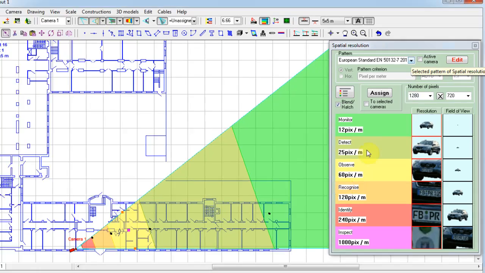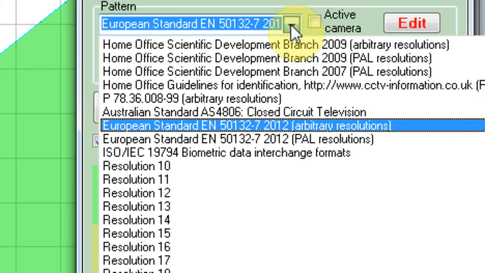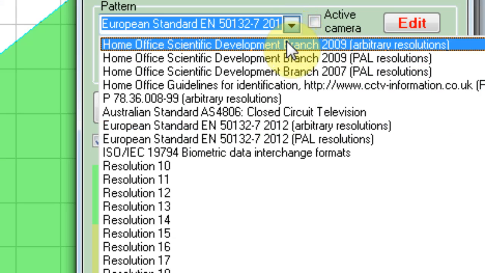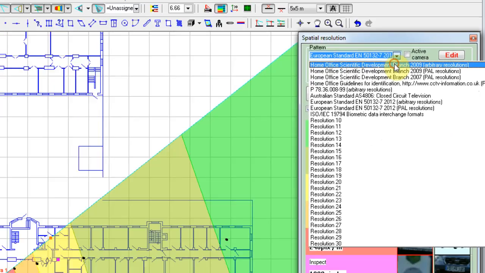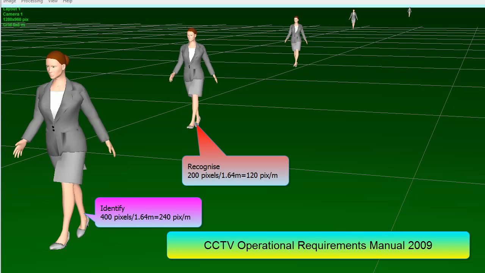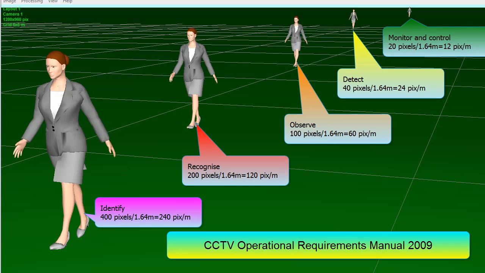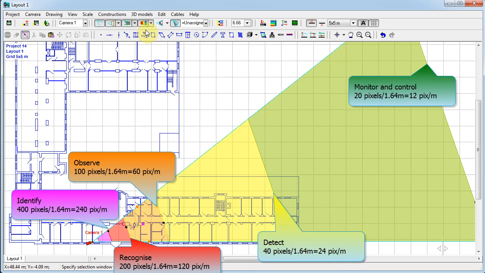The spatial resolution, or its derivatives, are used in numerous recommendations according to which the camera view area is divided into zones of identification, recognition, detection, and so on. To visualize, these zones are painted in different colors on the horizontal projection.